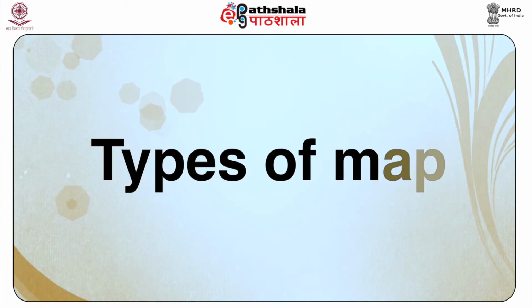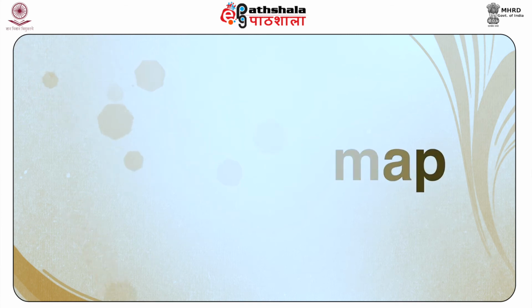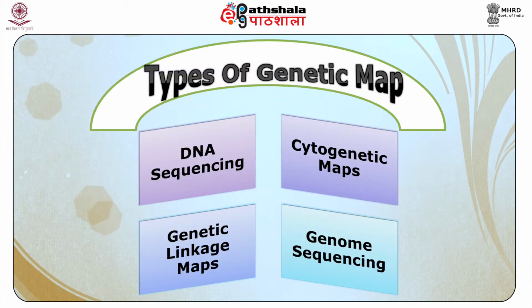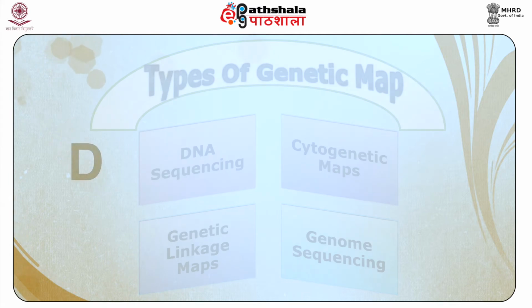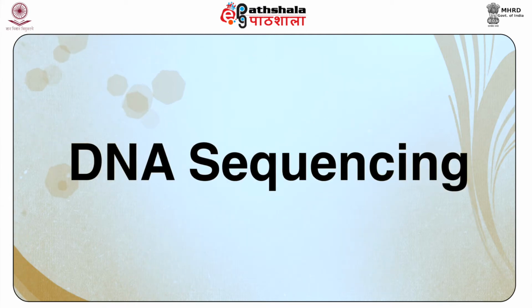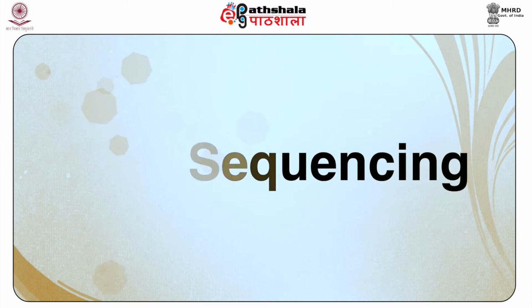Let us learn about the types of map. The various types of genetic maps are DNA sequencing, cytogenetic maps, genetic linkage map, and genome sequencing. We will now discuss each one. First is DNA sequencing.